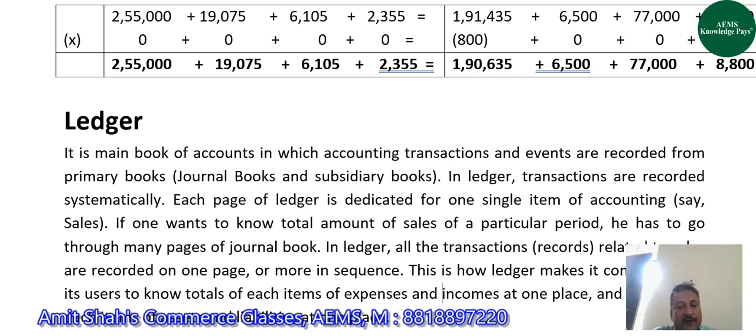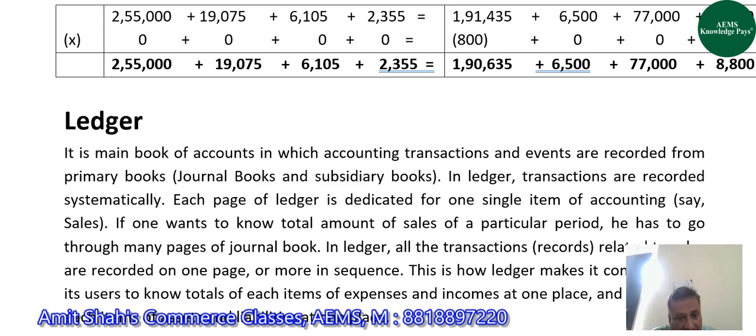So if I want to know what is the balance of capital or what is the balance of cash, I will go to a particular page of ledger and there I will see all the details about cash, so that I do not need to fumble through different pages. Am I clear? Which is not possible in journal.